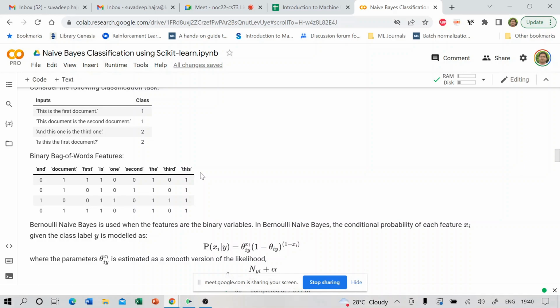In this kind of feature representation, the entries of the feature matrix are either 0 or 1, so we may say that it is binary data.